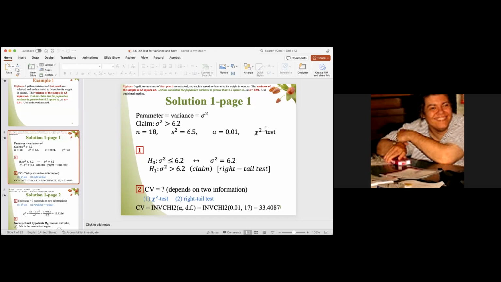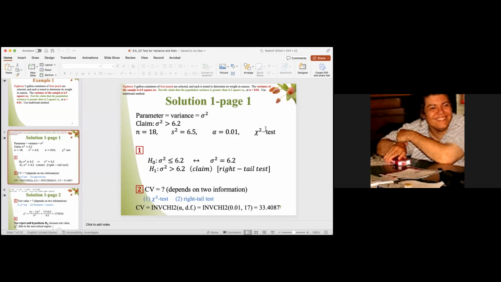We have variance, sigma squared. Those are our parameters. It's one of those parameters, okay? The symbols are, as you've seen, mu, p, sigma squared, and sigma respectively. The test that you use depends on the parameter you have.